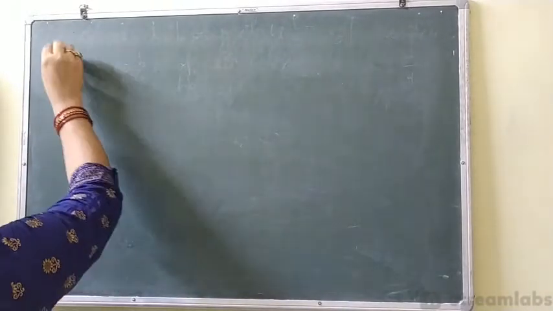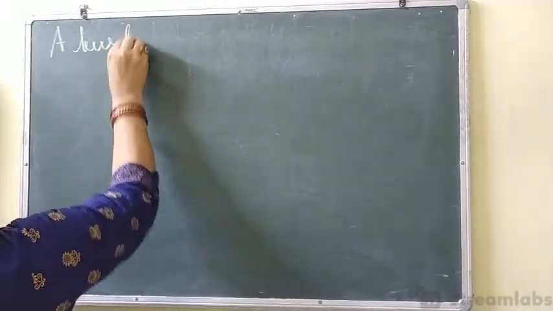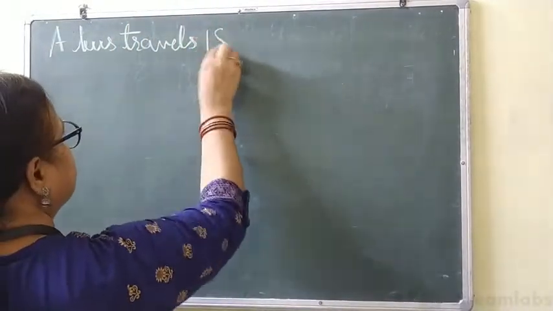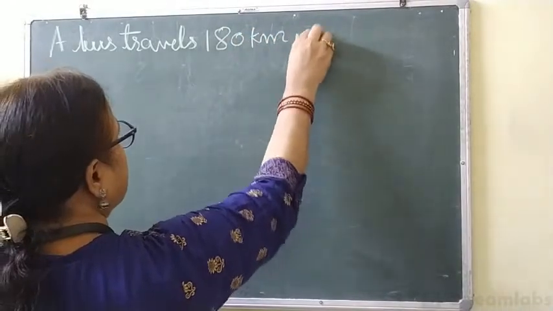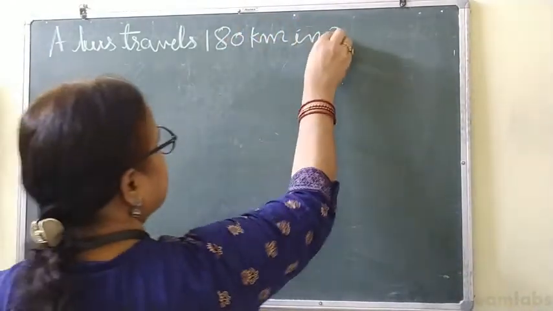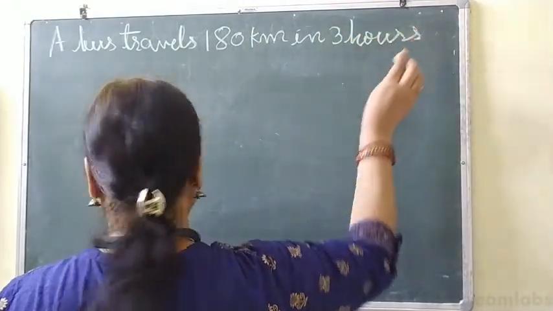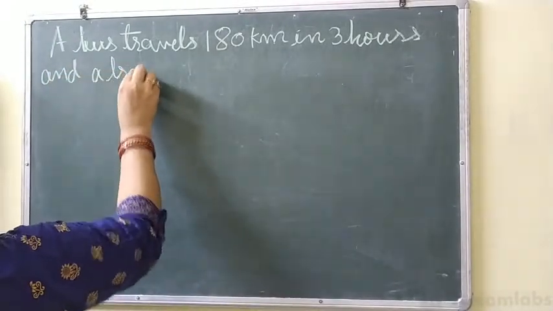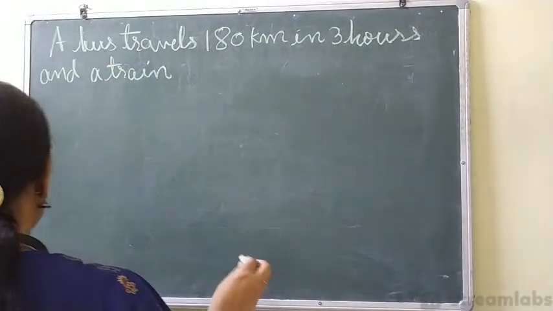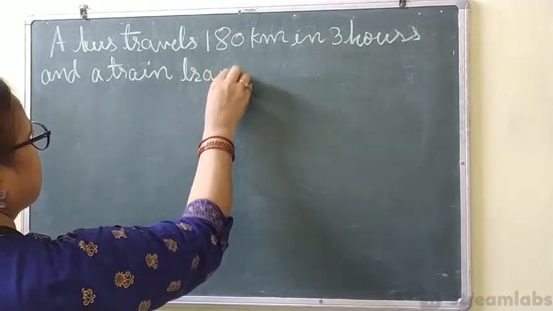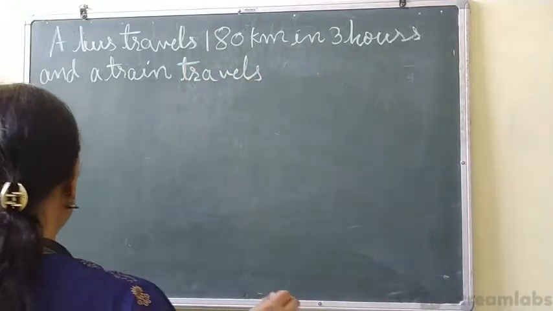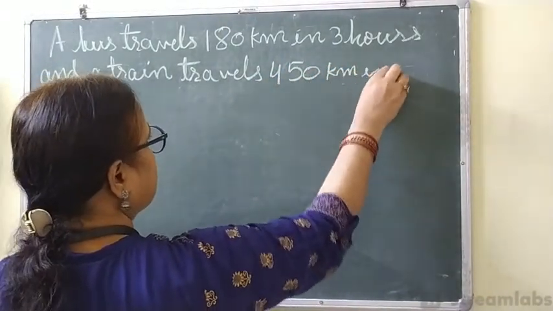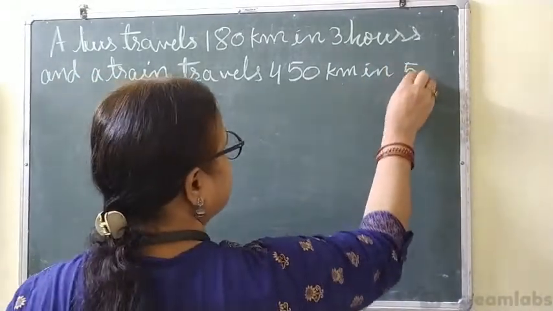A bus travels 180 kilometer in 3 hours, and a train travels 450 kilometer in 5 hours.